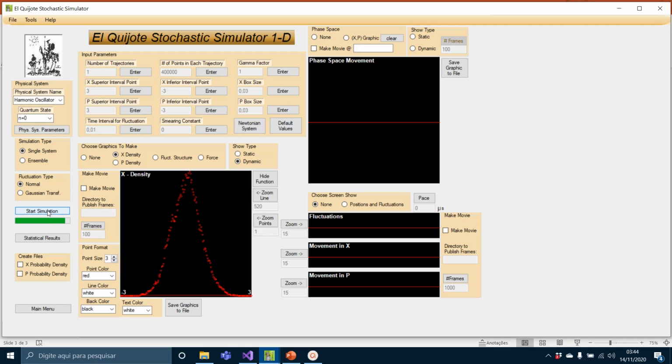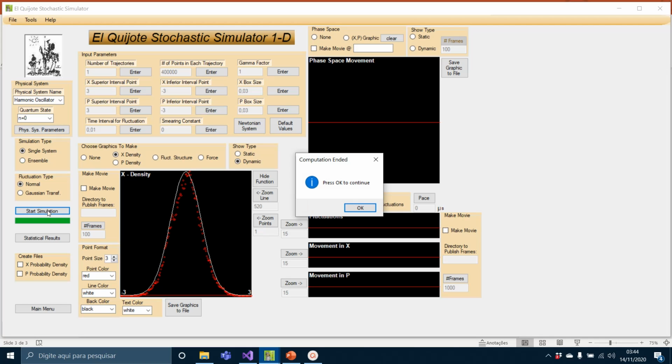So look that when we compare the result of the simulation of a single system with the result of the Schrödinger equation, the two results match perfectly.